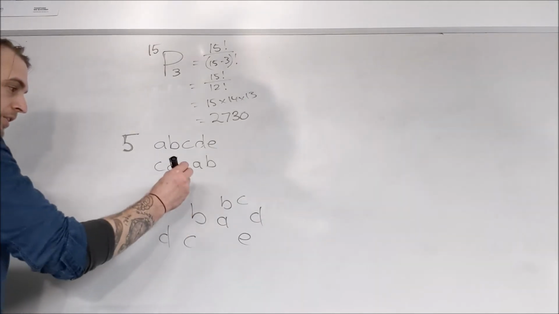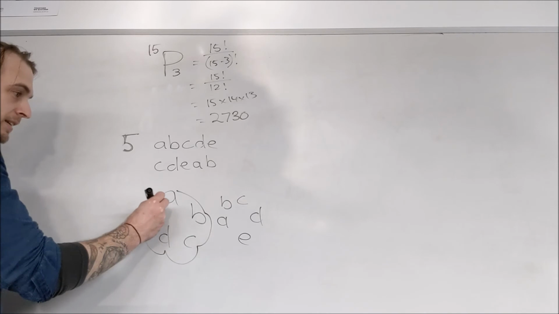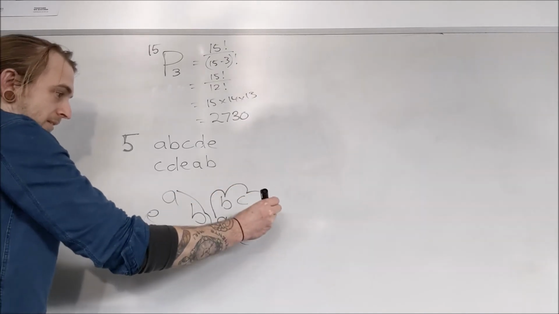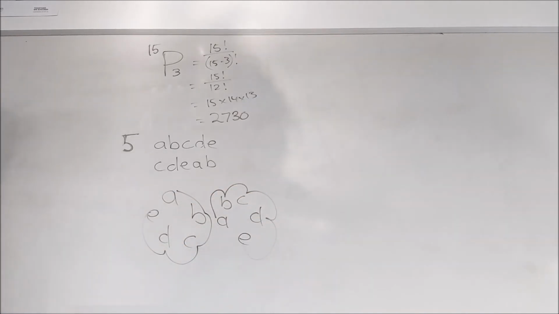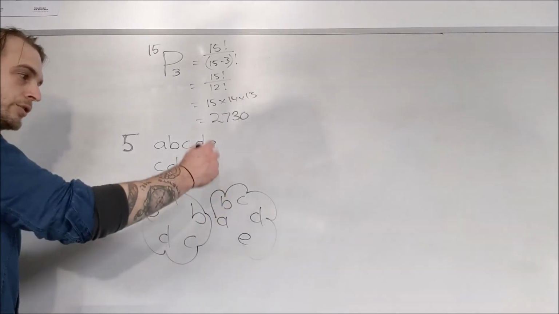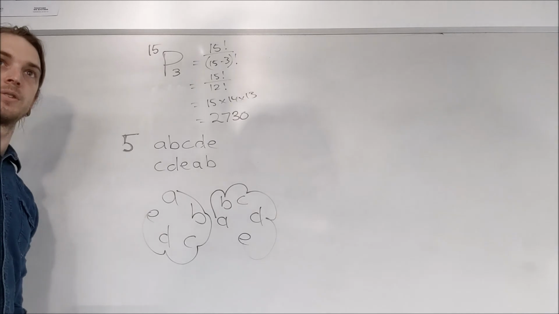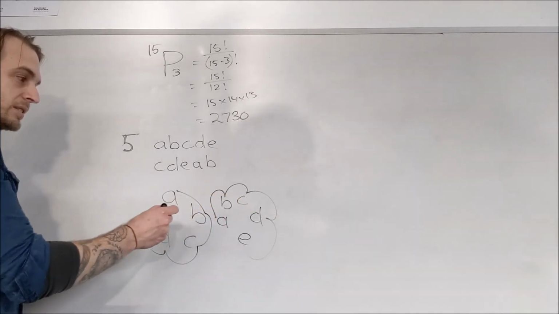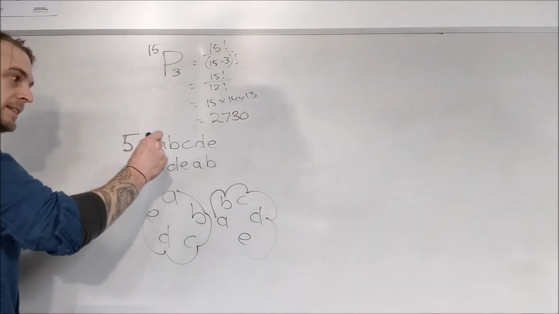They still both go A, B, C, D, E, A, B, C, D, E. So when you arrange things in a circle, you do not have as many combinations because there is no defined start and finish point in your circle. So these 2 things are exactly the same. These 2 things are different.